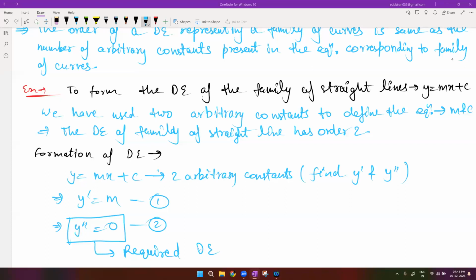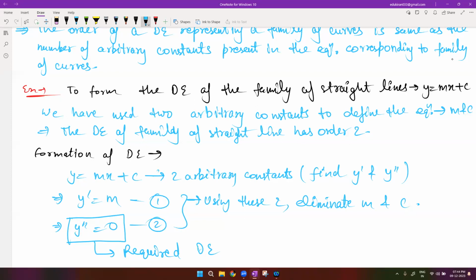If there are two arbitrary constants, then we will have to find derivatives up to the second order. Find those derivatives and then eliminate these arbitrary constants using these equations. Then using these two, eliminate m and c. This is the simple algorithm.